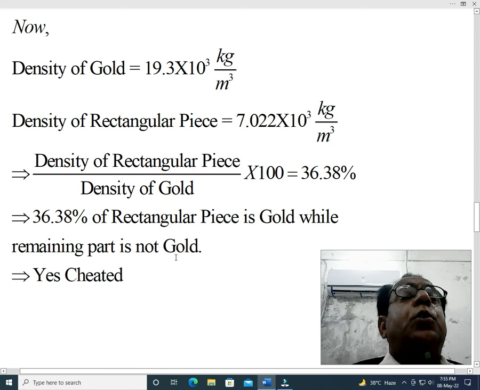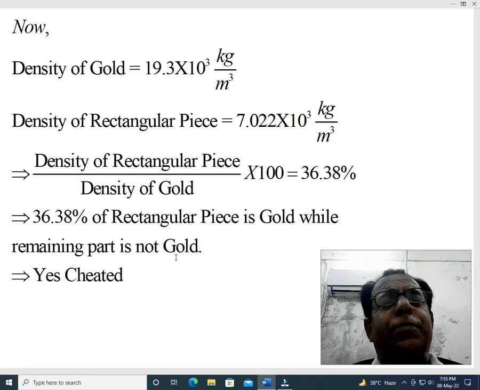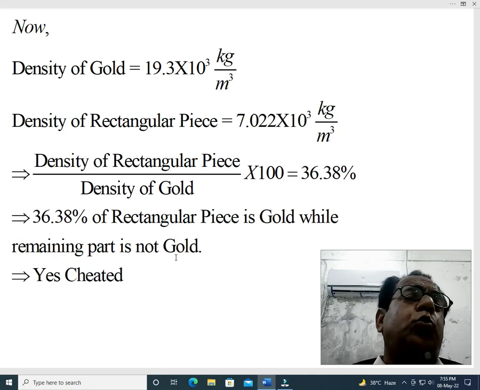So we can say that given gold piece is full of impurity, because it is not appropriate to say that full of impurity.